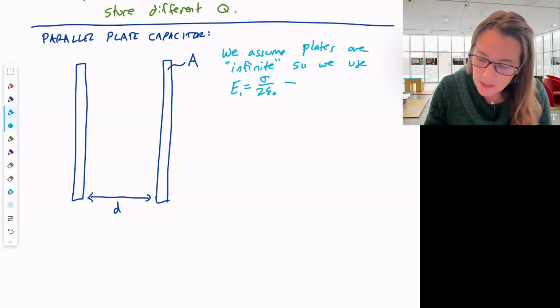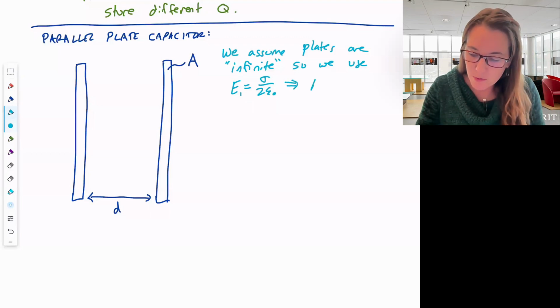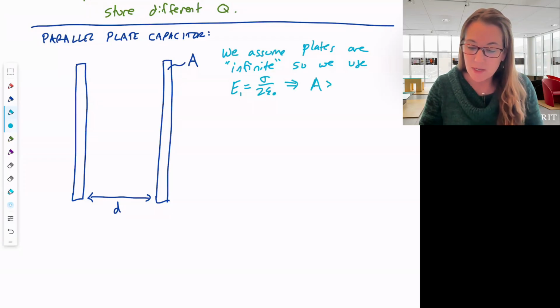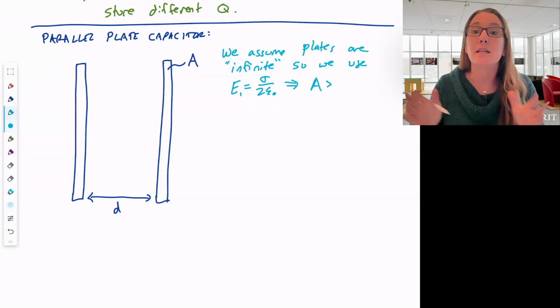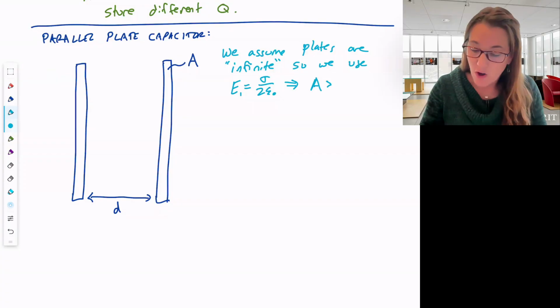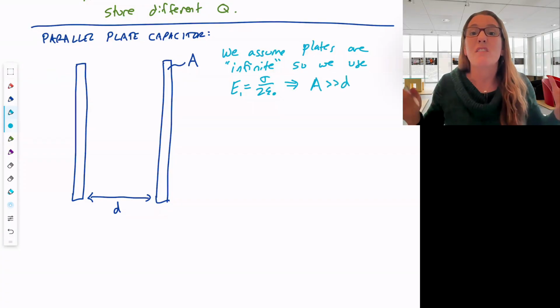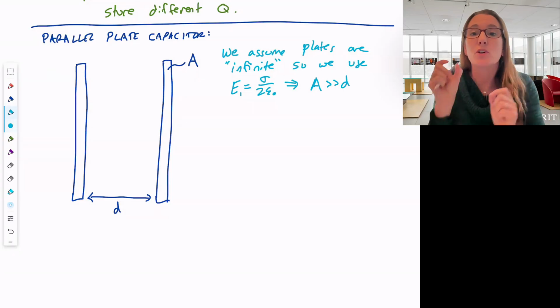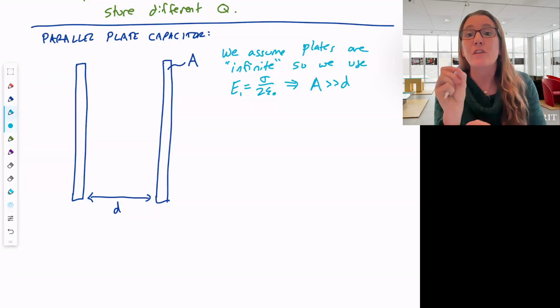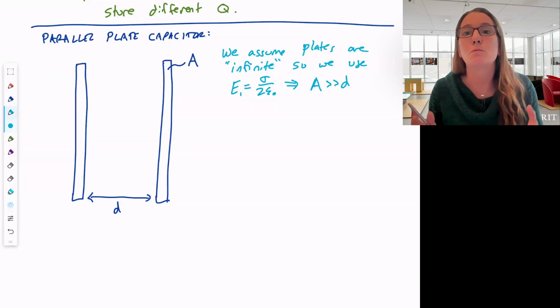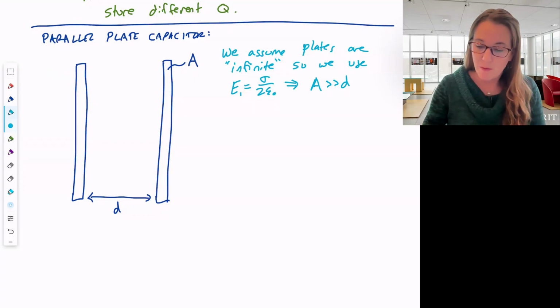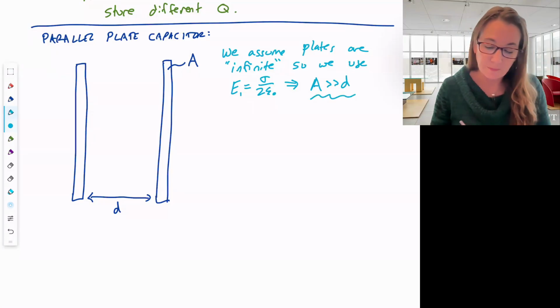But that means we're making this very important assumption that our area A is much, much larger than d. One way to think about that is that we have a very large capacitor, large sheets, and they're very close together. And so we can use this model of them being infinite.